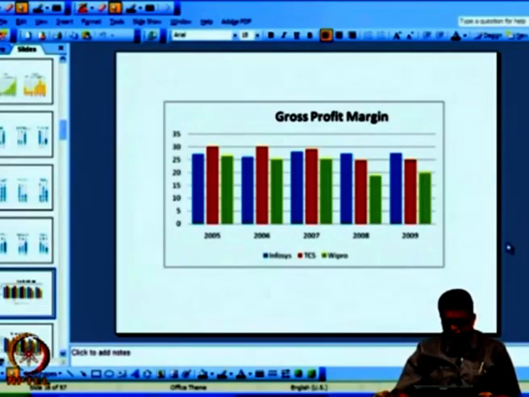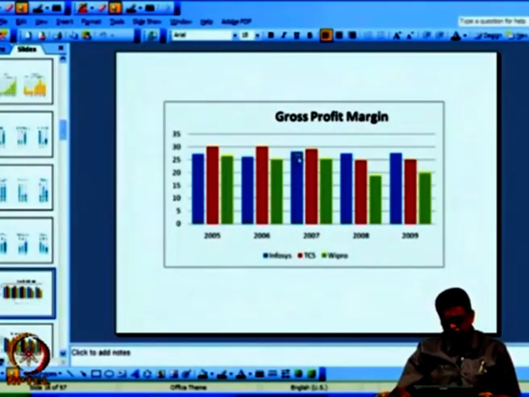If you look at Infosys in 2009, it performed better compared to TCS and Wipro. Similarly, in 2008 also better. If you look at 2007, TCS performed slightly better. In 2006, again TCS performed better. In 2005 also TCS performed better.